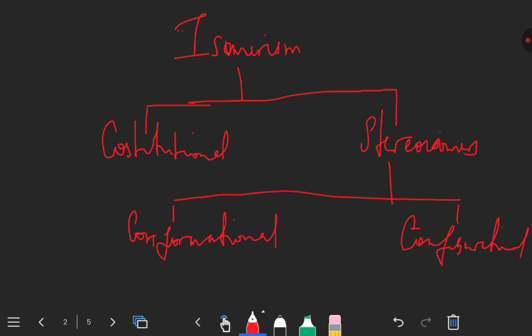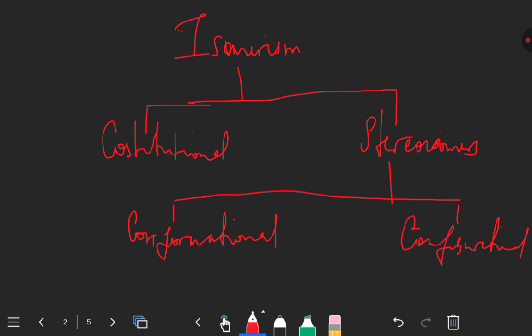So when you're talking about conformational isomers, you are just referring to those isomers which are formed by just the rotation around a single bond, that is a single carbon to carbon bond. So those isomers which are formed by just the rotation of those atoms at that single carbon to carbon bond, they are referred to as conformational isomers.